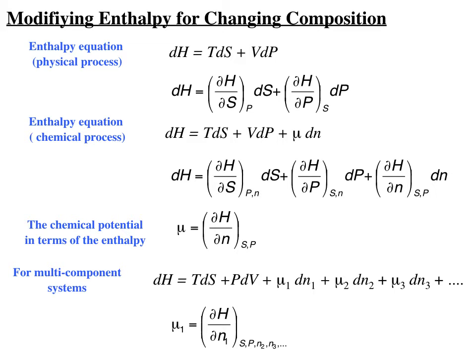Now, H is still an exact differential, but now it's a function of three variables, S, P, and N. So I can write it as three partials of change with respect to those increments, dS, dP, and dN. And by comparing the third and fourth equations, I can recognize that the chemical potential can be expressed from the enthalpy as how it varies with composition at fixed entropy and pressure.